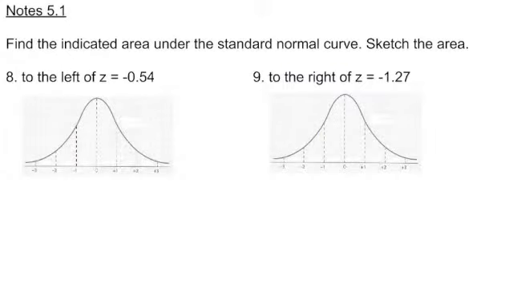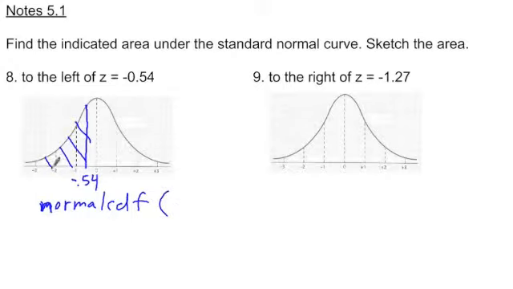All right, we'll take a look at the answers to these problems pretty quickly. First one, to the left of z equals negative 0.54. If you're using the calculator, again we want the normal CDF. Since we're looking to the left, we want negative 10,000 comma negative 0.54, and this is 0.2946.